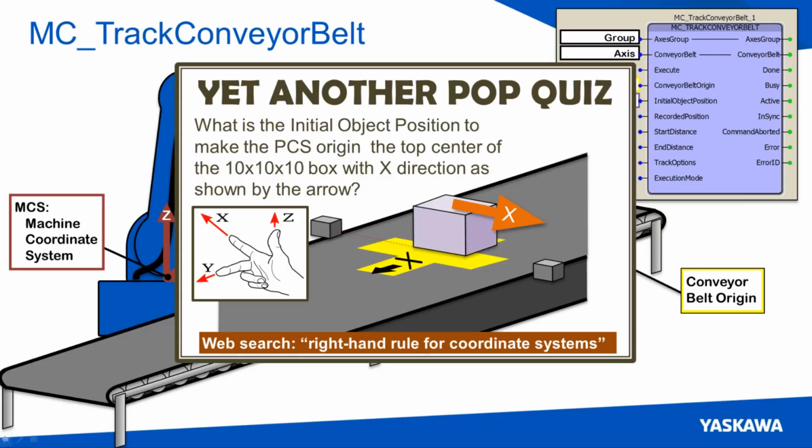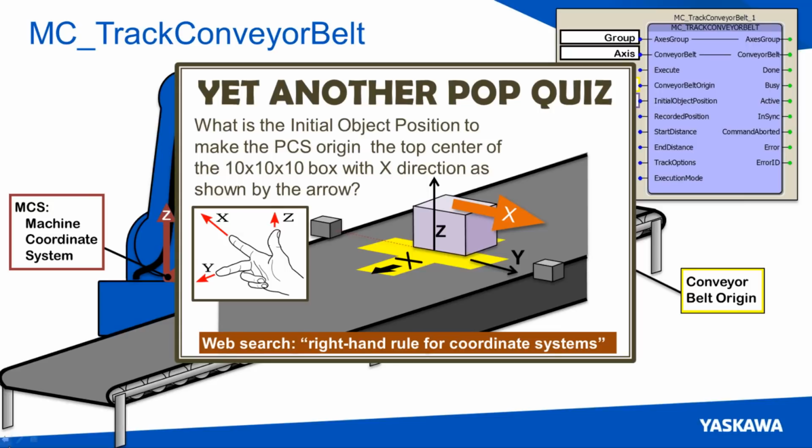So if we rotate our hand so that the x is in the same direction as the conveyor, we can see that positive y is in the same direction as the orange arrow on top, and z is moving upwards. Now the reason we need to know that is because we're going to have to introduce a rotational aspect to our offset.